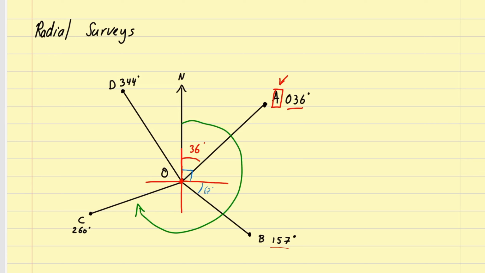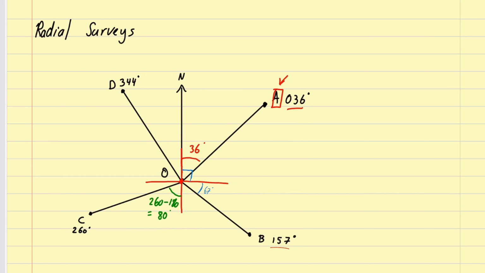So let's analyze it a little bit. If that's 260 degrees, what would this angle over here be? Well, that's the same as saying 260, and I'm getting rid of the 180 degrees. So I'm getting rid of all of this here, which is 180 degrees. So it's going to be 260 minus 180, which is going to give us 80 degrees right there. Cool.